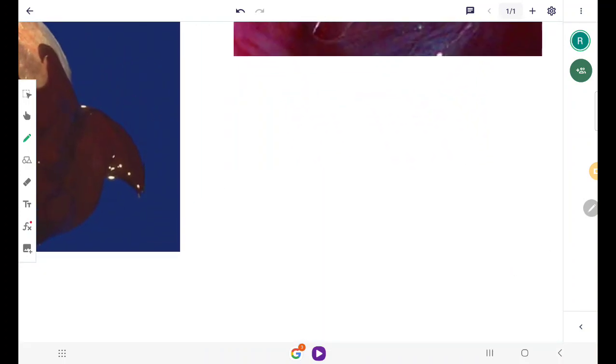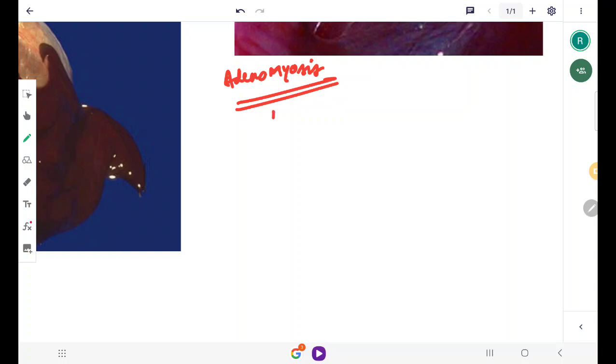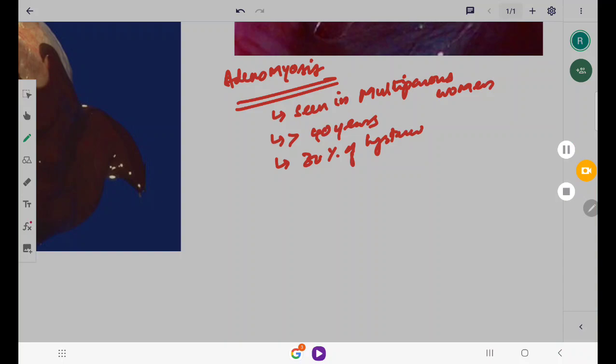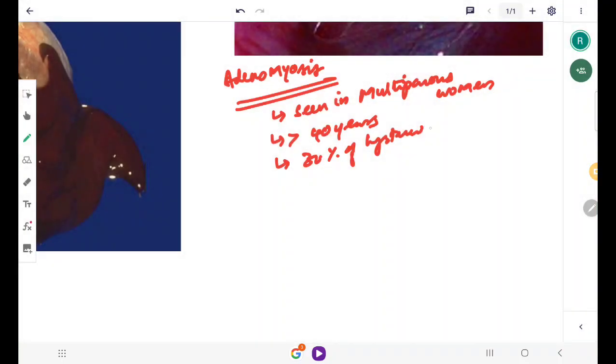Alright, so speaking about adenomyosis, this is usually seen in multiparous women over 40 years of age, and also 30% of hysterectomy specimens.